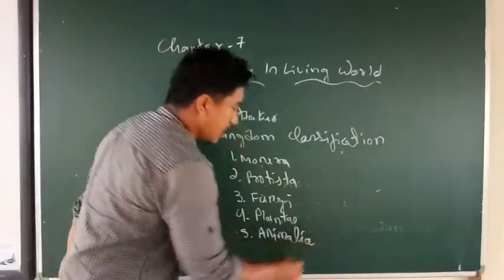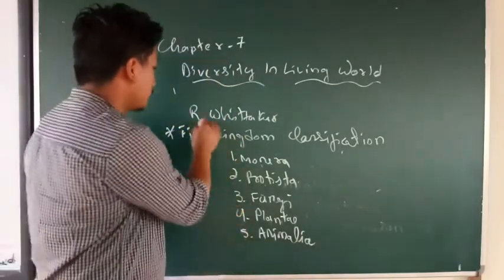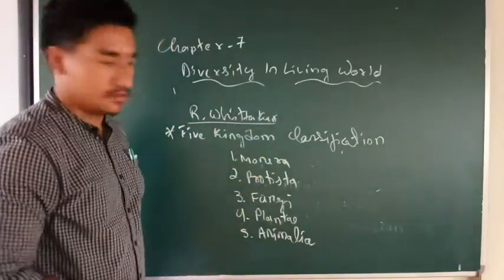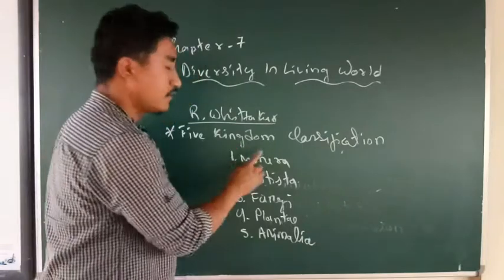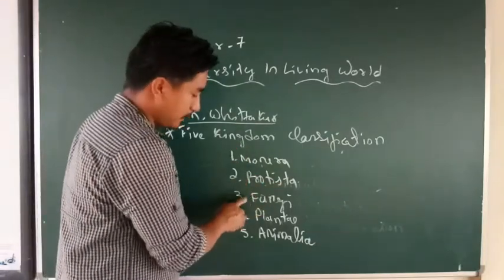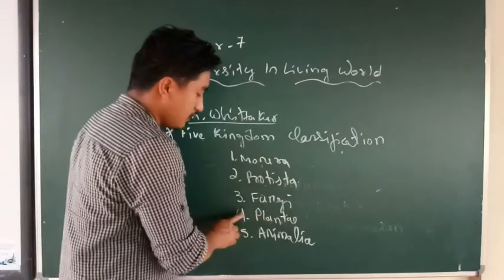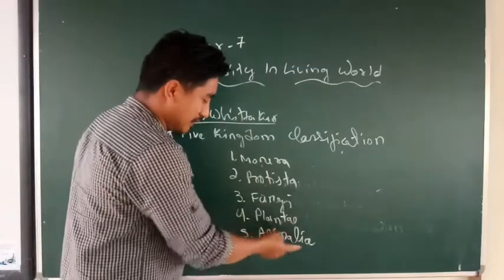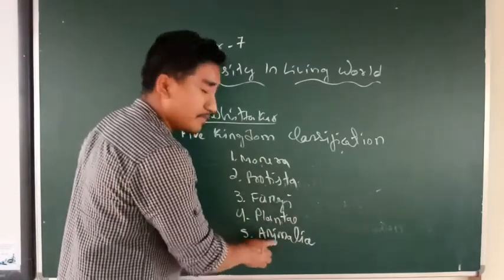So these are the five kingdoms which were proposed by R.H. Whittaker.